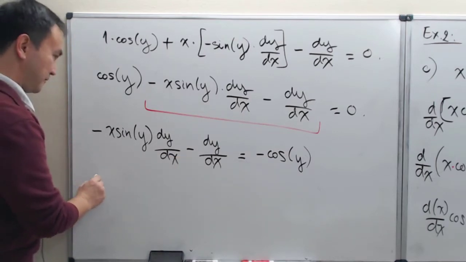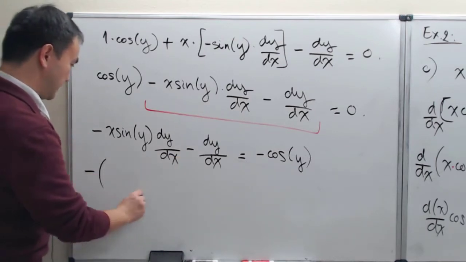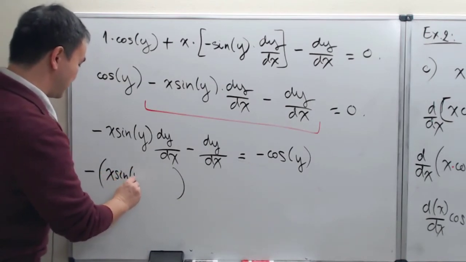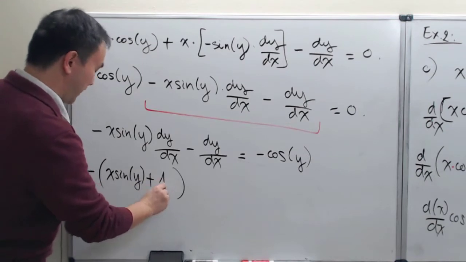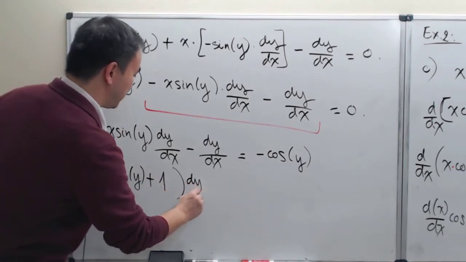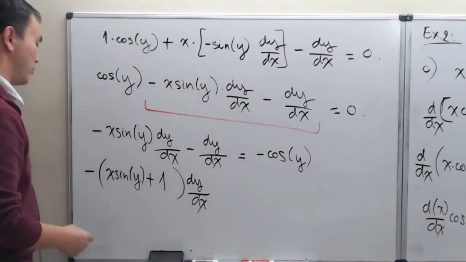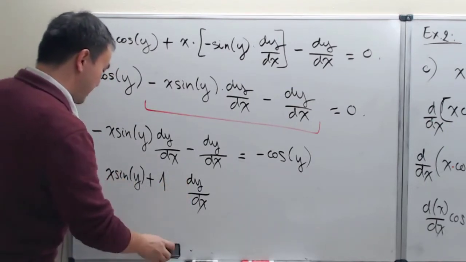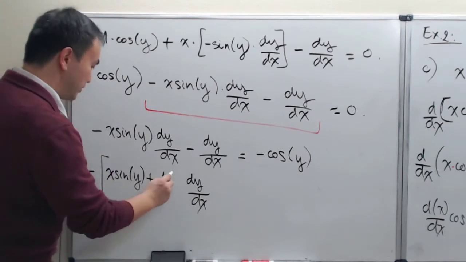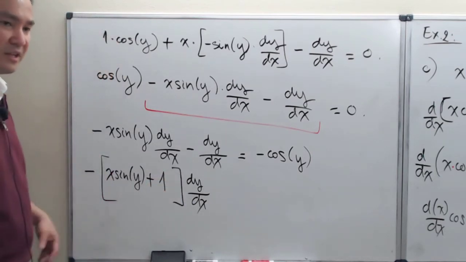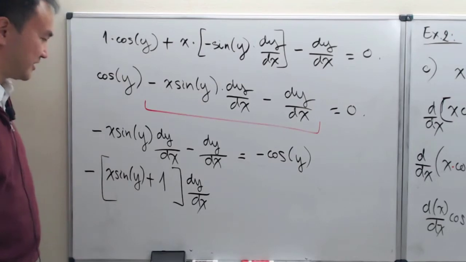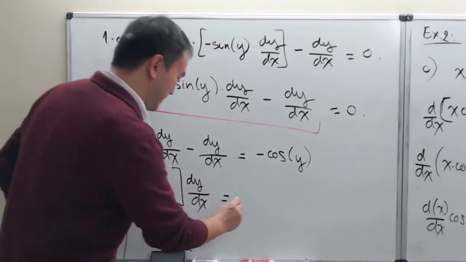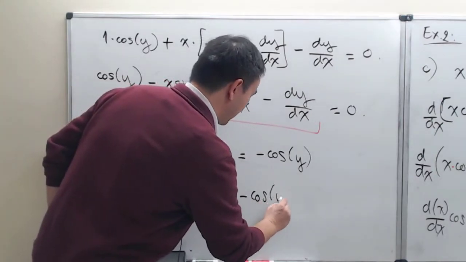So I can factor out something like this: minus, in parentheses, x times sine of y plus 1, and then the common factor dy dx is pulled outside. I should have used brackets for that. It's a little awkward to use 2 levels of parentheses, but indeed they are 2 levels. It looks nicer when we write parentheses and brackets. Equals negative cosine of y.